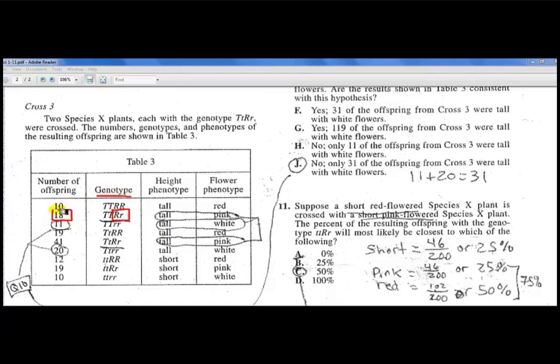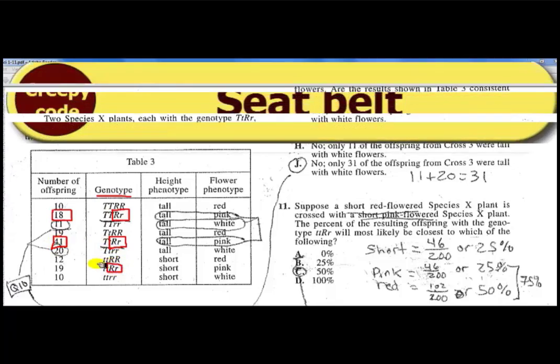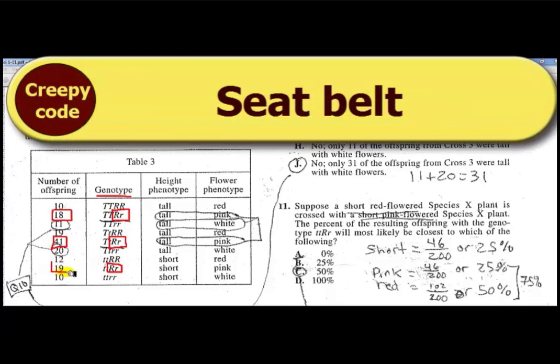There are 18 offspring with this genotype. We keep going down here, we find another capital R, small r. We see that that produces another 41 offspring. We keep going down here and we find another capital R, small r, and we see that that produces another 19.